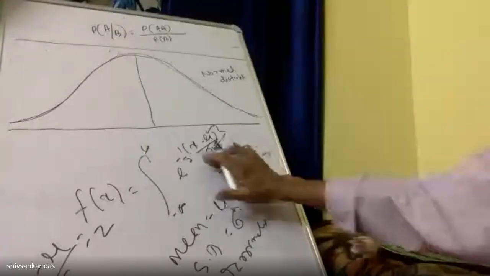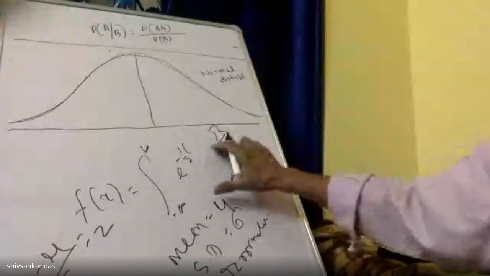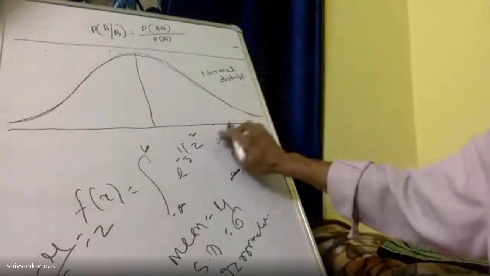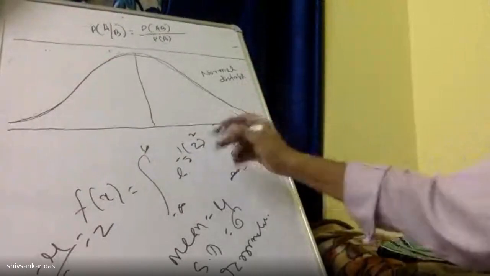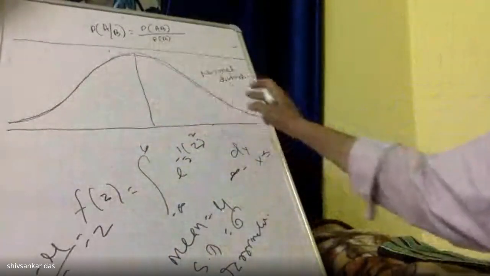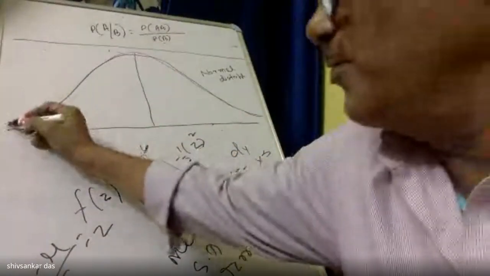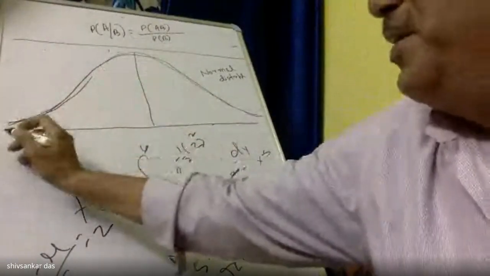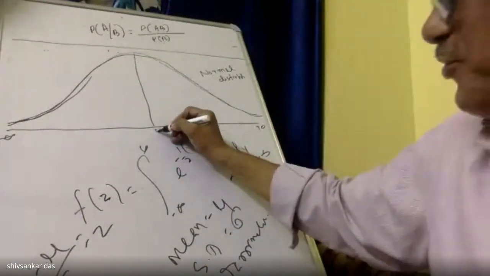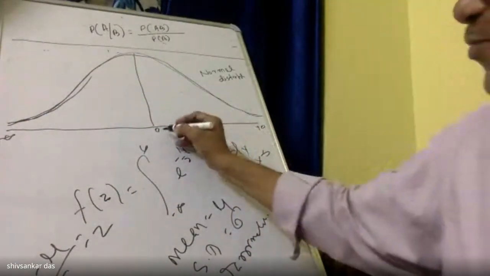So the function of z will be like this, with z square. It will follow a normal curve from minus infinity to plus infinity, mean 0, standard deviation 1.